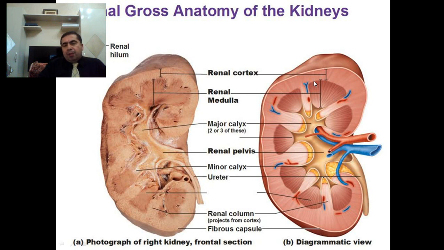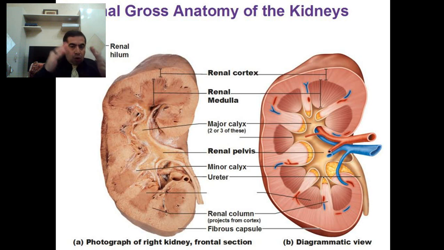Each pyramid has its base directed to the cortex, and the pyramid is mainly formed by straight tubules. It explains the light color of the renal medulla, because all tubules are parallel to each other, and in cross section we get a lighter color. But when these tubules are convoluted and form many convolutions, in cross section the color is dark.